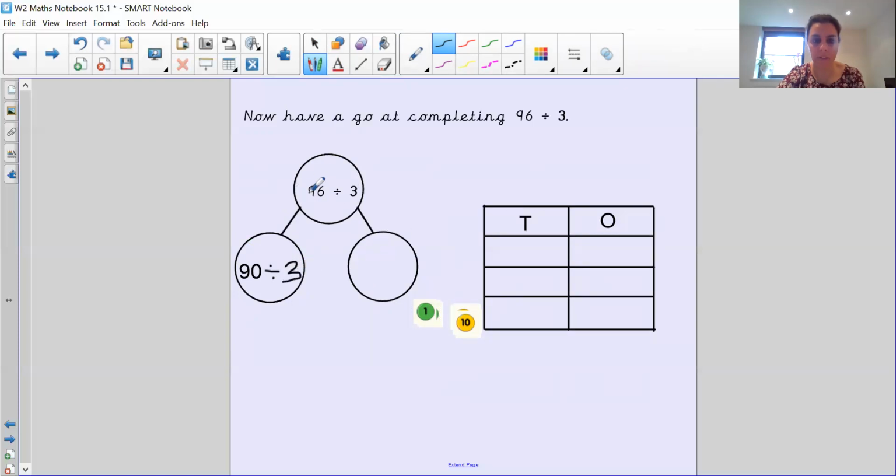And then here, I've done my 90, I've got my 6 to do. So I'm going to do 6 divided by 3. So that's what I'm working out.